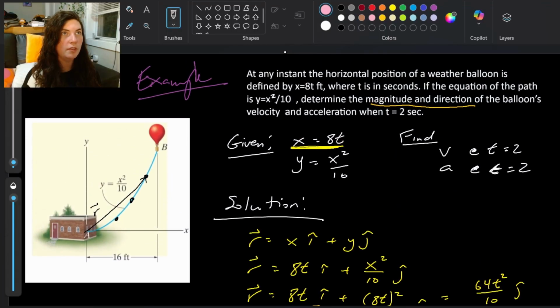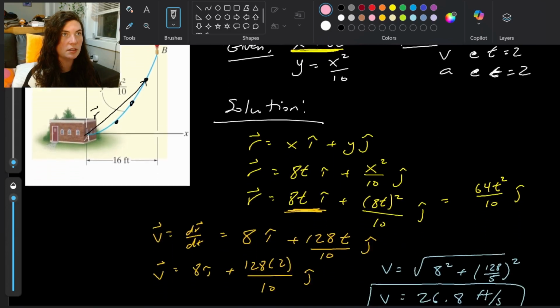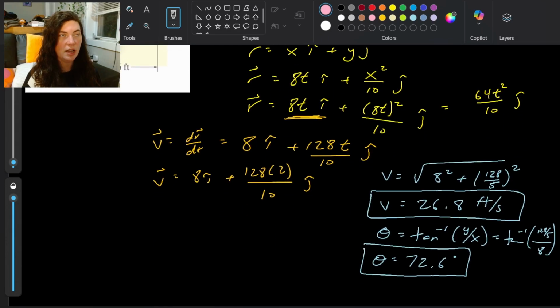And then just one more thing to find. We want to find the magnitude and direction of the acceleration at 2 seconds. So we have this handy velocity function, and if we take the derivative of that with respect to time, it gives us our acceleration, right? Acceleration is dv/dt. So the derivative of 8, 8's a constant, so when we take the derivative with respect to time, we're going to get 0.